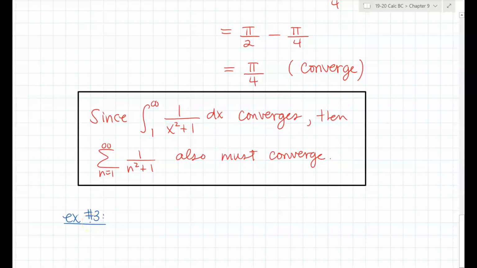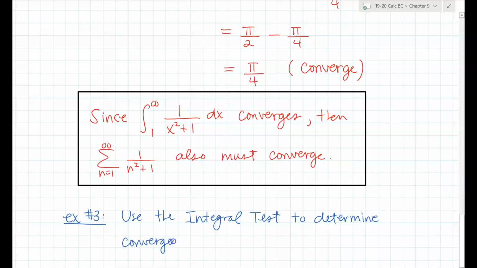Now, they want us to use the integral test to determine convergence or divergence.